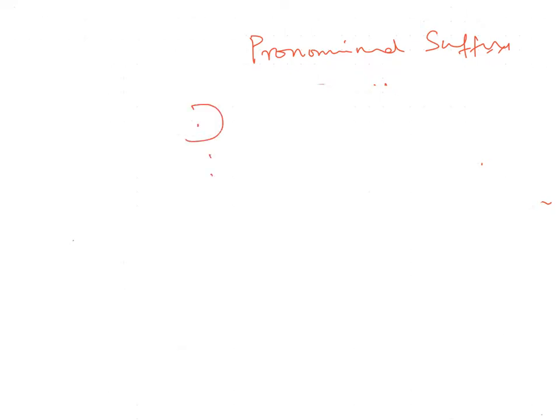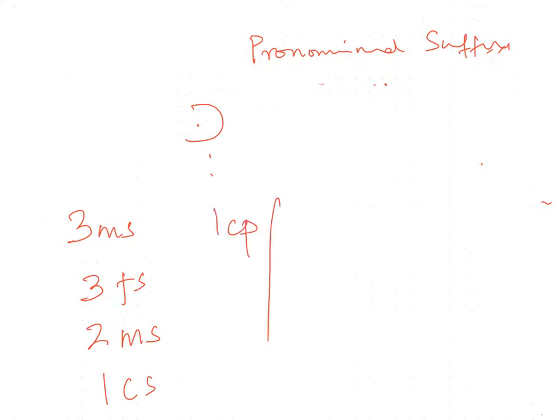Whenever the kaf forms into a preposition, in the 3ms, in the 3fs, in the 2ms, in the 1cs, and the 1cp, in all these forms, the kaf preposition becomes the word kamo. All right, the regular kaf preposition in 3ms, 3fs, 2ms, 1cs, 1cp becomes the word kamo.